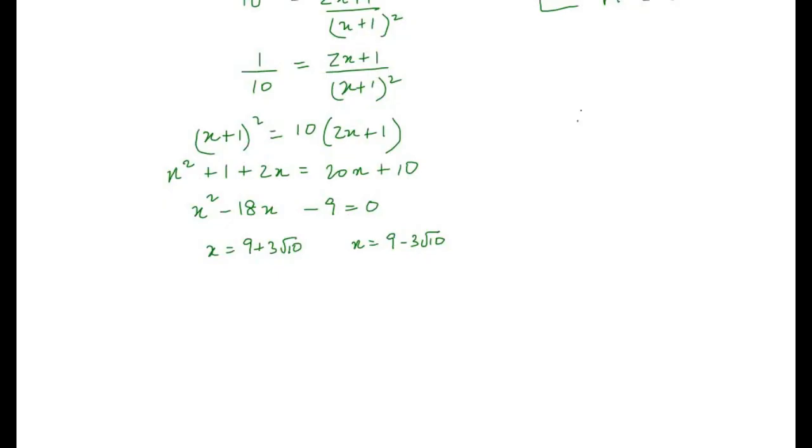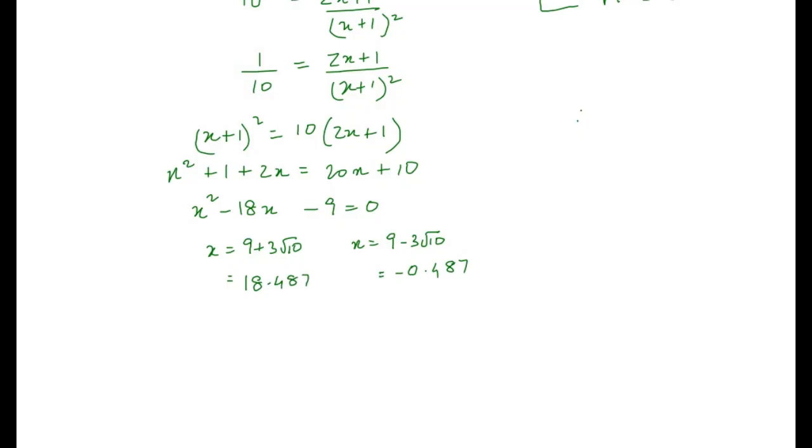Right, now I just want to write down the decimal values for these. So this would be minus 0.487, and this would be 18.487.